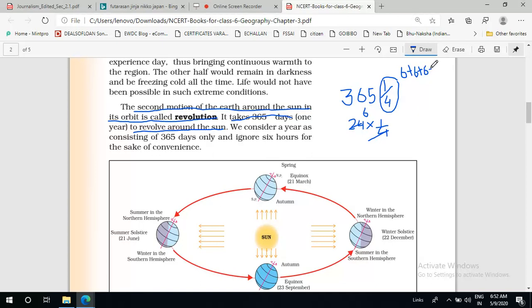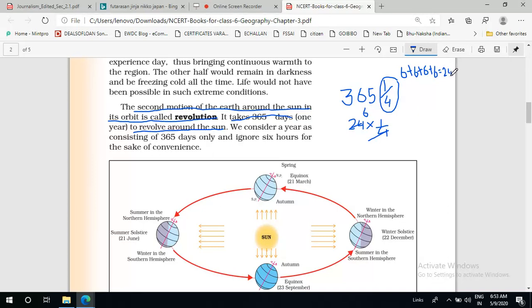when we have added 4 times 6, what do we get? We will get 24, isn't it? 6 plus 6 is 12, then 12 plus 6 is 18, and then 18 plus 6 is 24. So when 4 times 6 is added, it becomes 24, and we know that there are 24 hours in a day.